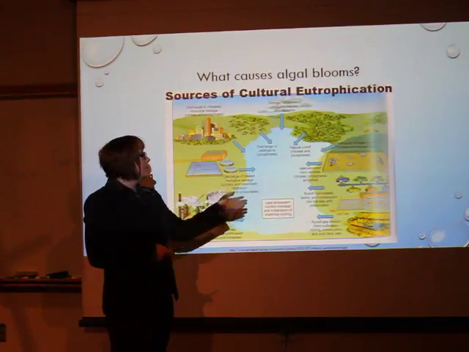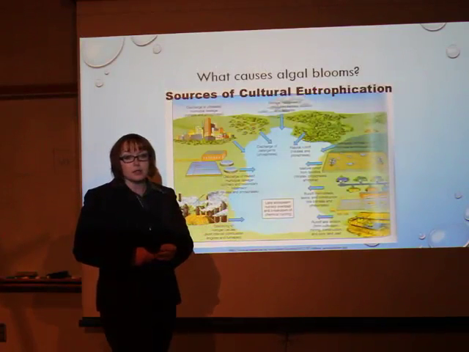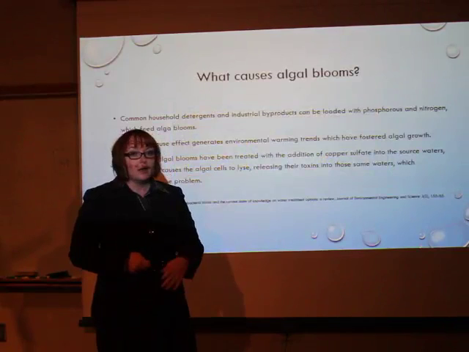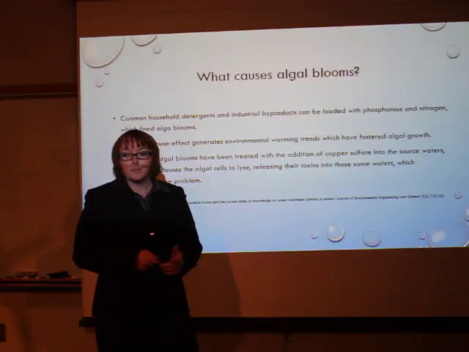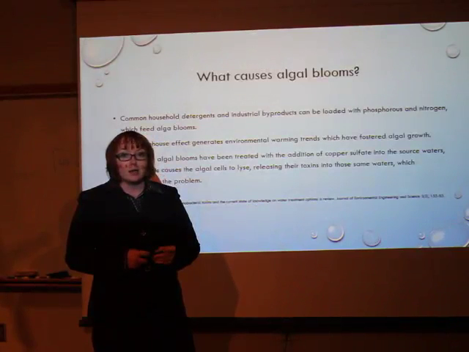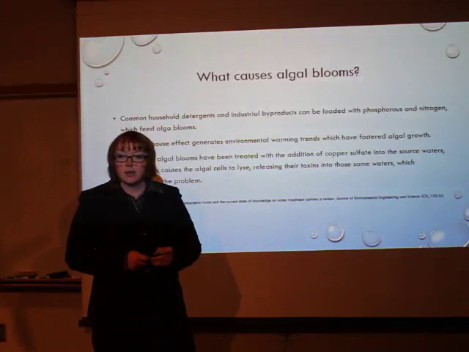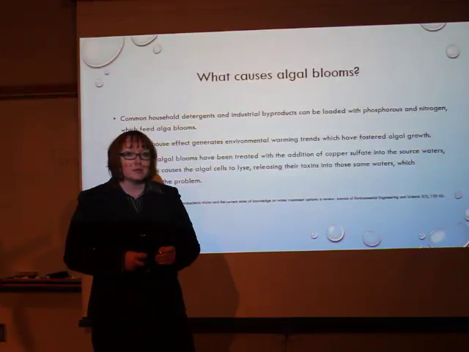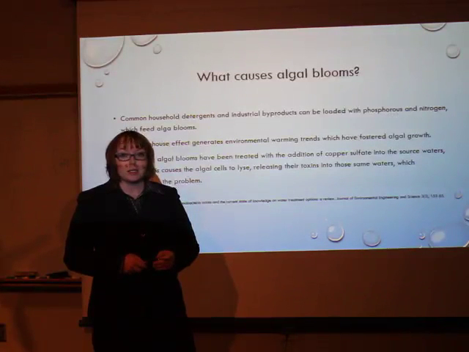There are natural sources of runoff, as well as construction and other man-made devices that can exacerbate this problem. Common household detergents are often found to be high in nitrogen and phosphorus levels. Those feed algal blooms.